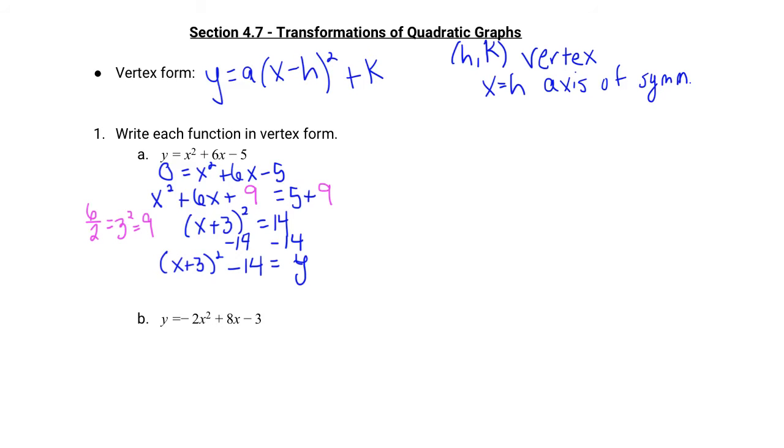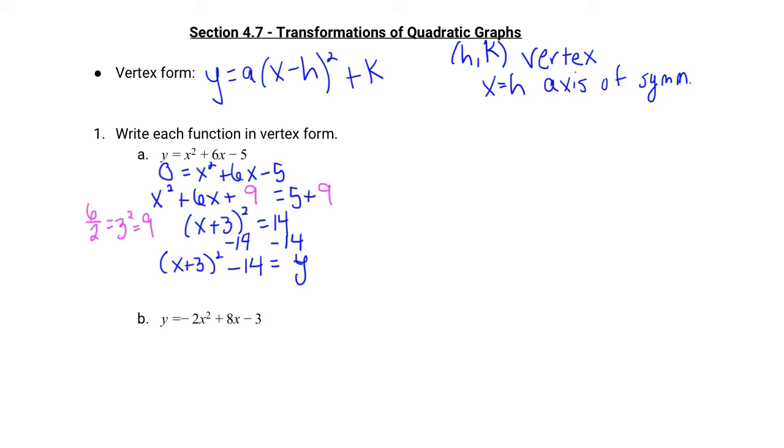So you'll see, let's look back at our original idea of what the vertex form is. You can see that we've got x minus h. So here we have x plus 3. That means our axis of symmetry is negative 3, because it should be minus 3. So that means it's negative 3, opposite sign of what is present.